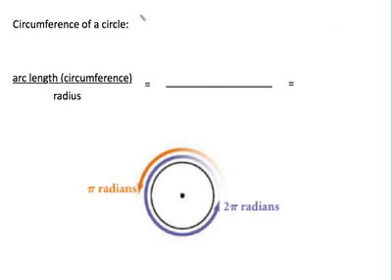So then, if we think about it being the circumference of a circle, the formula for finding the circumference is going to be 2 times pi times the radius. If we plug that in for our arc length, we're saying our arc length is the entire outside of the circle. So we'll say 2 pi r, and then our radius is going to be r. Those r's are going to cancel out, and this is going to be 2 pi.